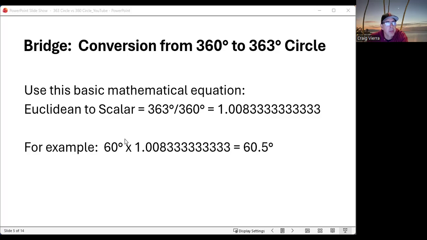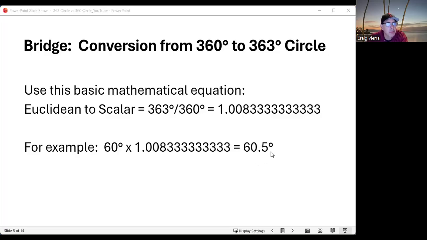As an example, the internal angle of an equilateral triangle is 60 degrees. If you multiply it by this conversion factor, you will convert it to 60.5, which is the internal angle of an equilateral triangle in the scalar circle, in that coordinate system.